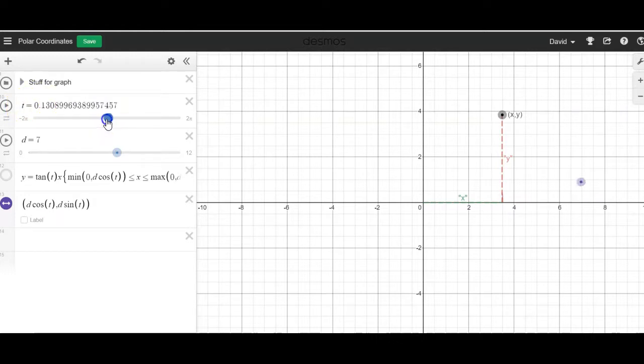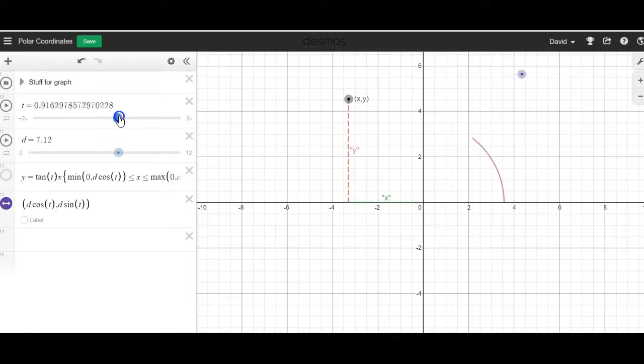I can start rotating that point through space, and that little line arc that you see there, that's an angle. Let me move this away. Let's move it over here. And this angle is how far I've rotated this point through space, or how far I've rotated it off the x-axis.